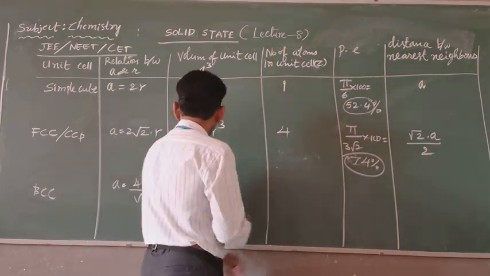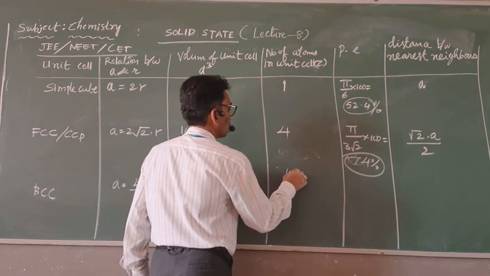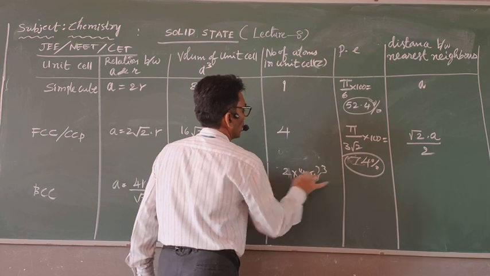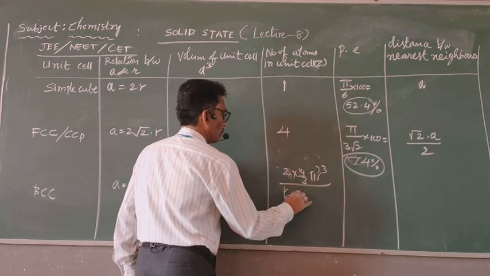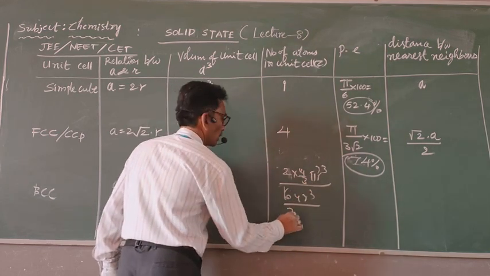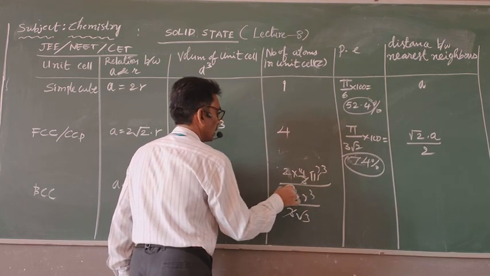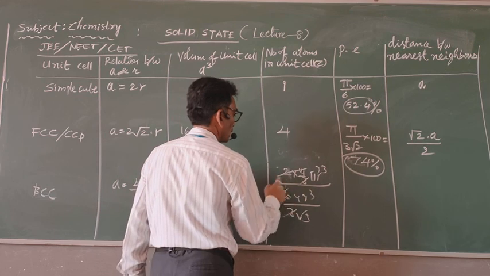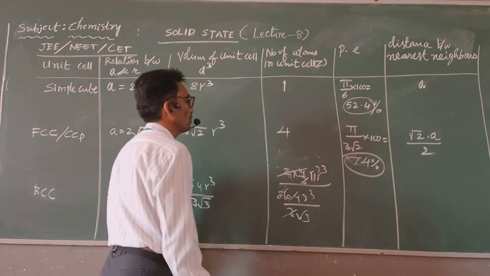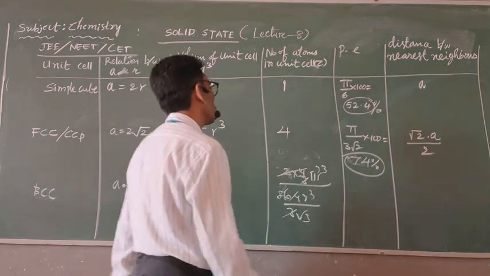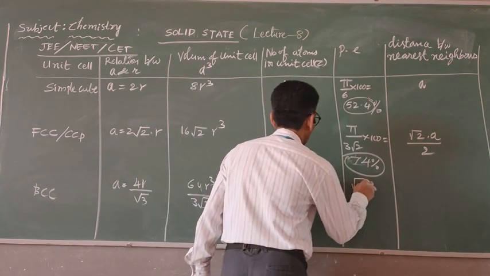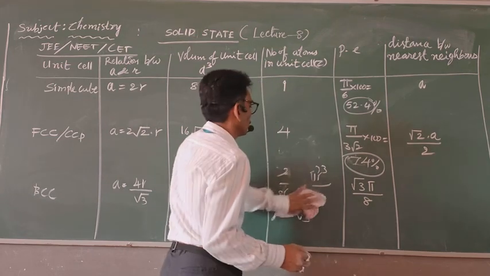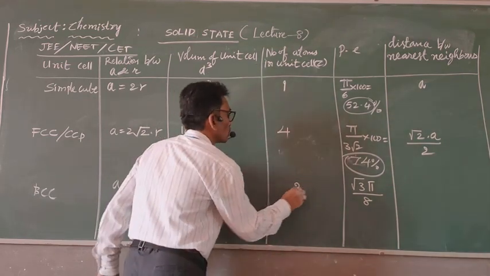So it is 2 into 4 by 3 pi r cube divided by 64 r cube over 3 root 3. 3 cancelled, 64 by 8 is 8. Then it becomes root 3 pi by 8. Number of particles is 2.